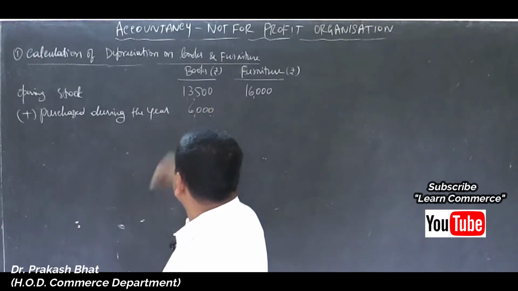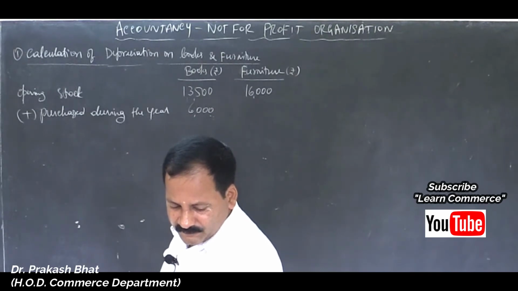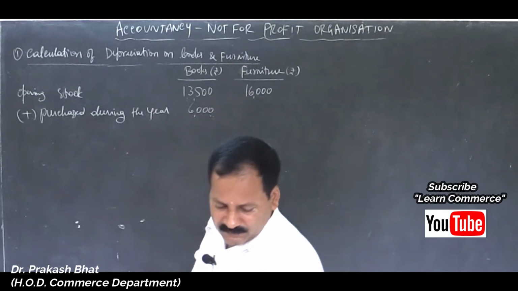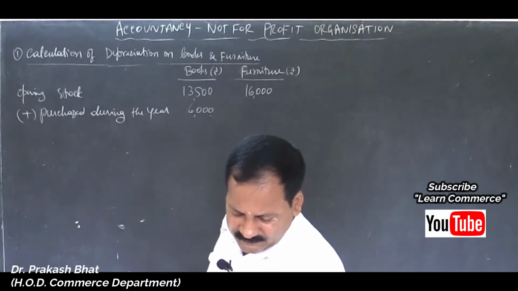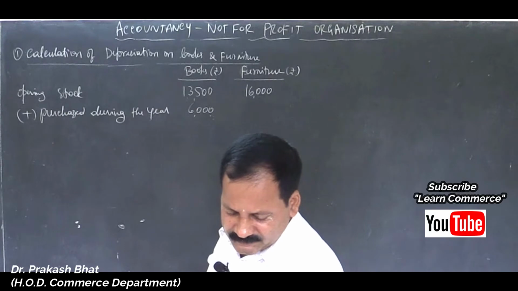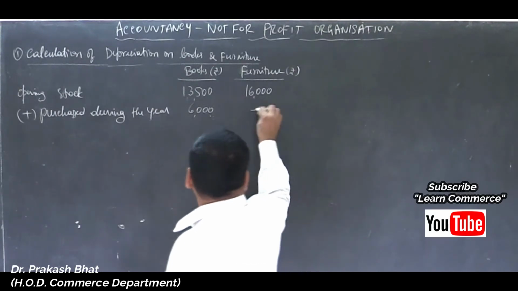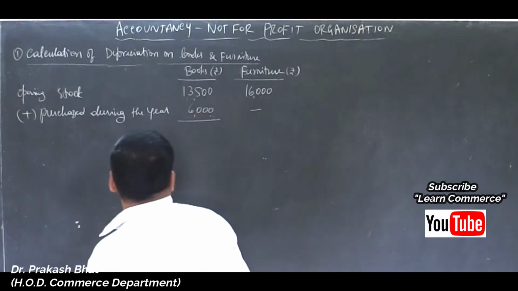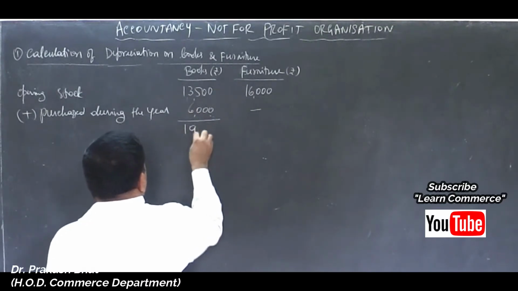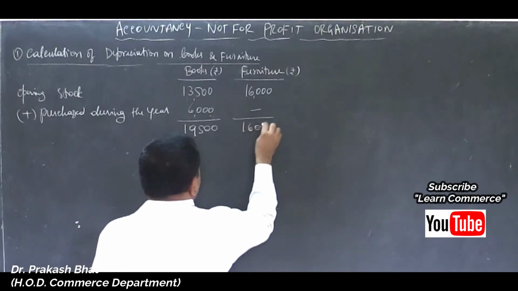And whether furniture is purchased? No, furniture is not purchased. We didn't purchase furniture, so nil, isn't it? So 19,500, and here 16,000 as it is.